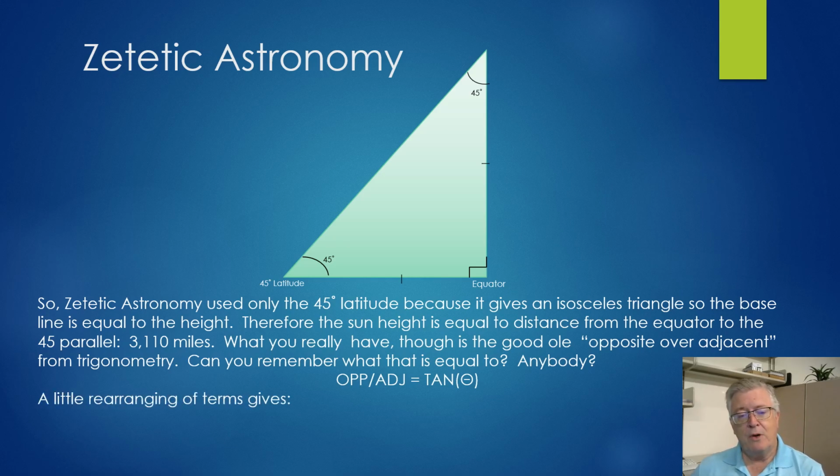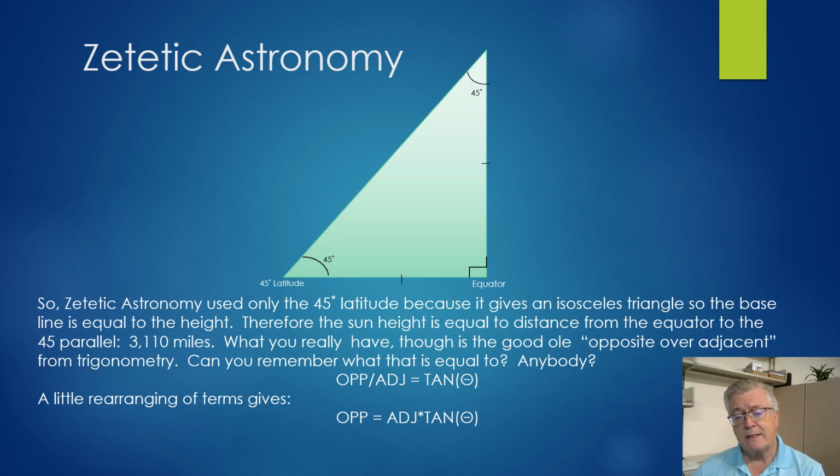So if we do a little rearranging of our terms here, because we want to find the height of the sun, we have opposite side is equal to the adjacent side times the tangent of the angle. So what you really have is a very simple equation.